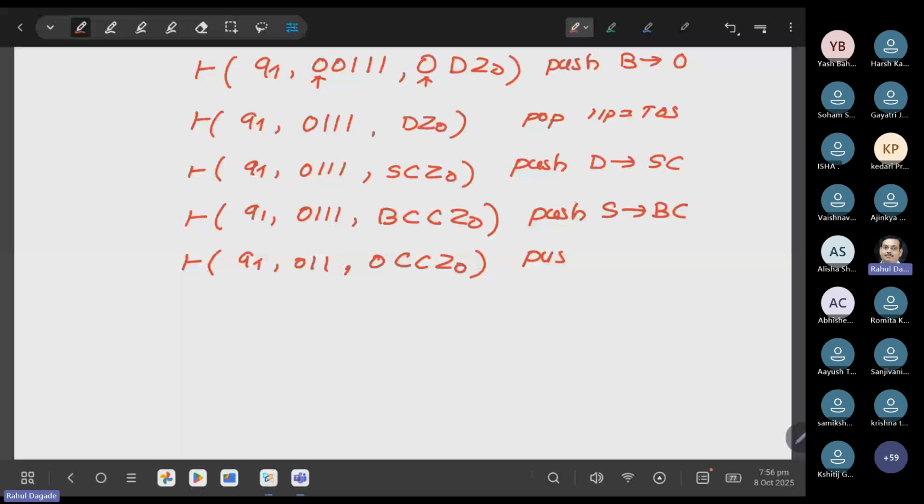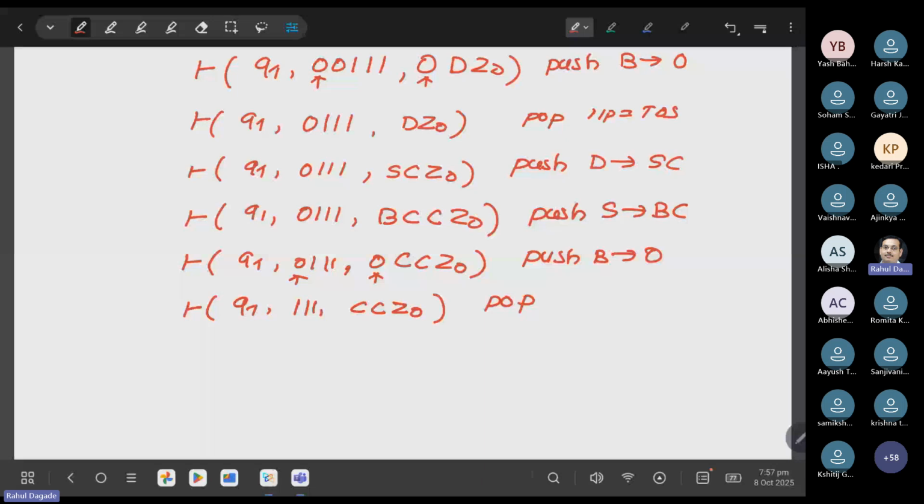Now C is not matching with that. Sorry, one more one. So this is now Q1 1, 1, 1. C is now converted as AA C Z0. So we have push C gives AA. And then again Q1 1, 1, 1.